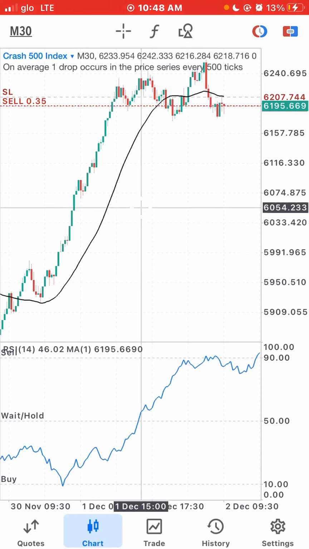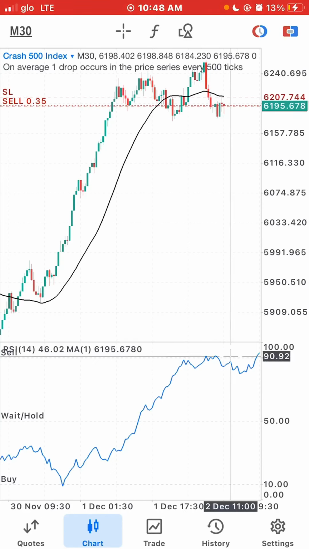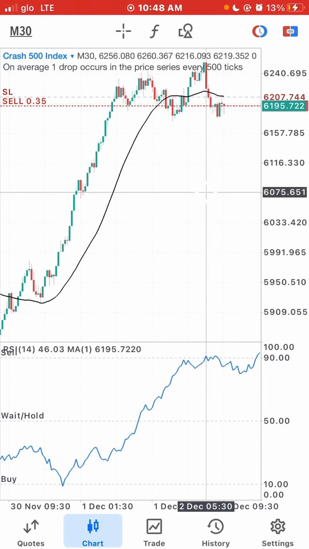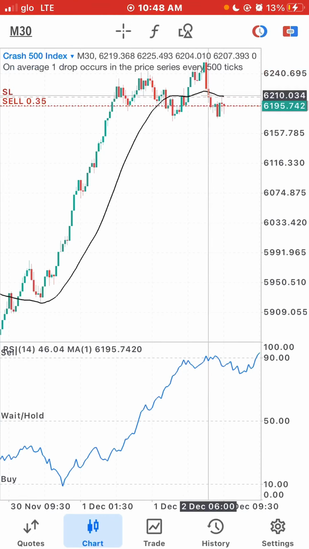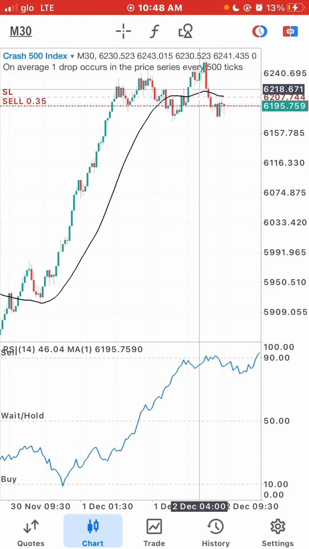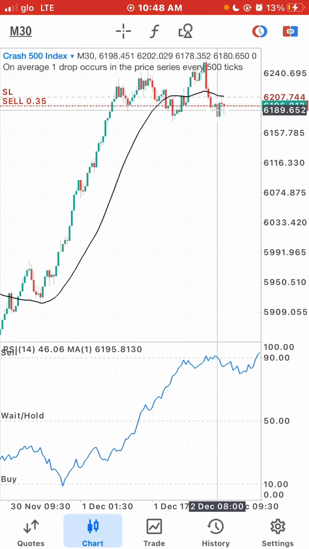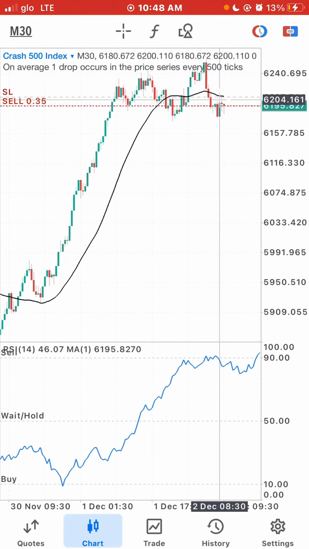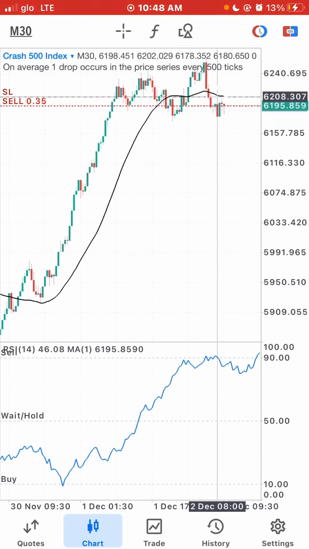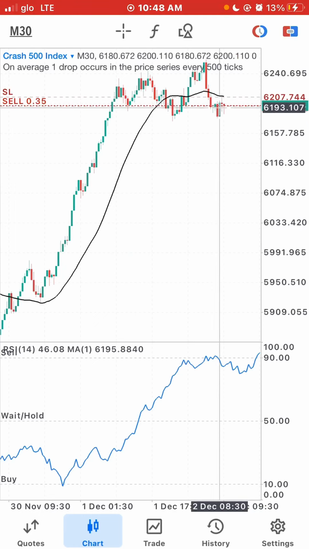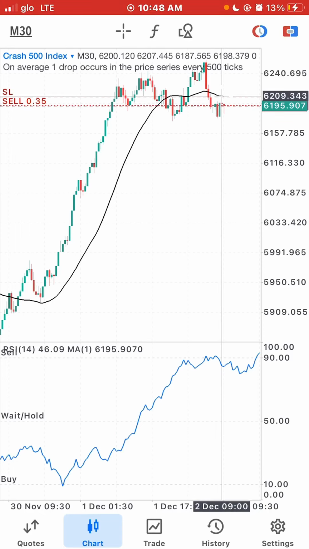You have to wait for price to get to this 90 zone in the RSI, then you look at your chart and wait for price to cross the moving average. As soon as price crosses that moving average, you wait for a retest. If you want to take long trades, you must always wait for a retest. There must always be a retest to give you more accuracy.